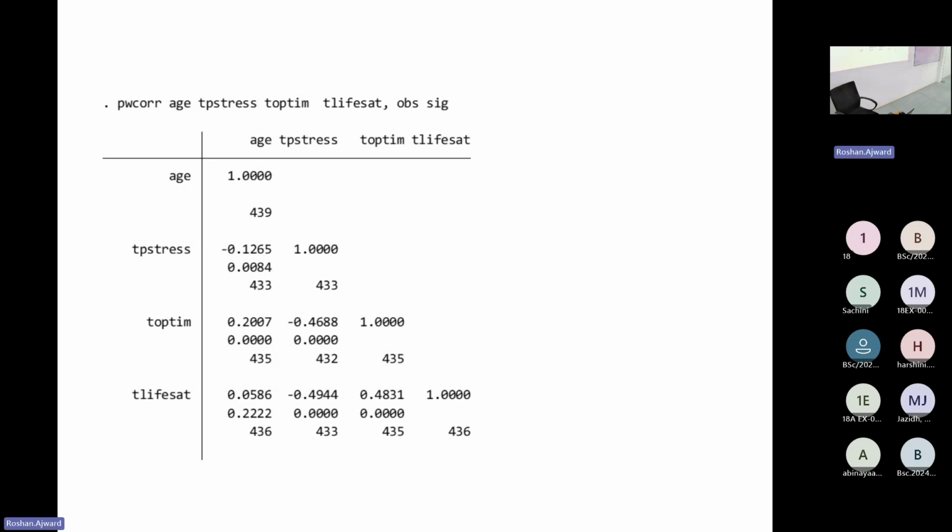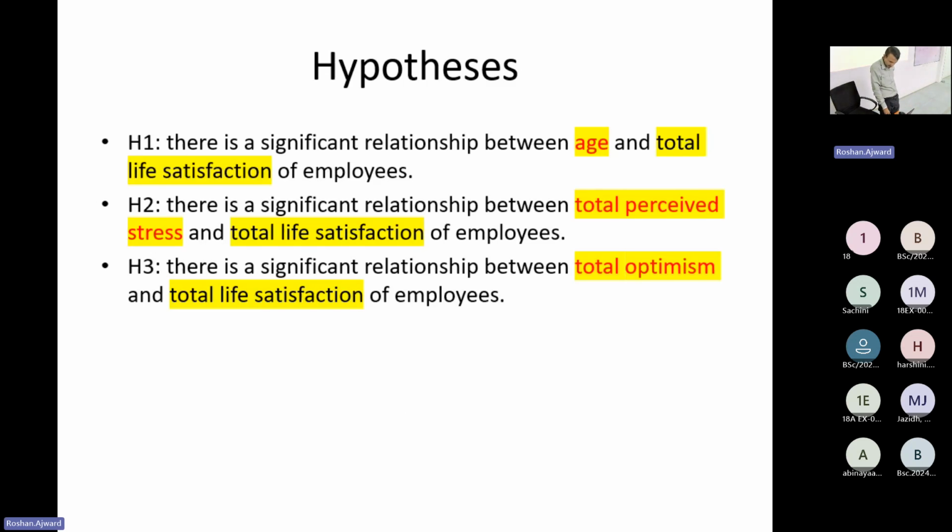So what's your first hypothesis? The first hypothesis was that there is a relationship between age and total life satisfaction. Can you accept that? Can you support this? You can't. So this hypothesis is not supported.